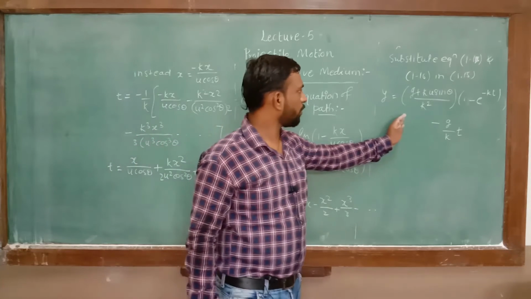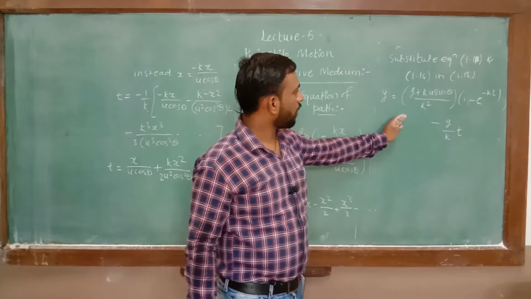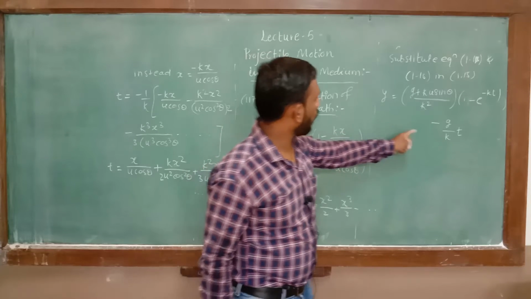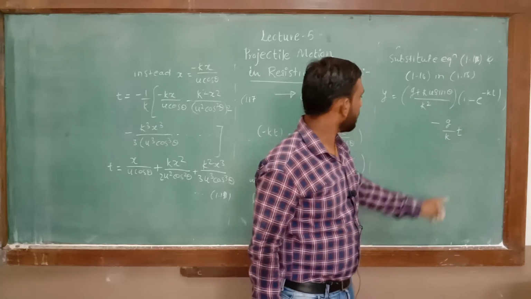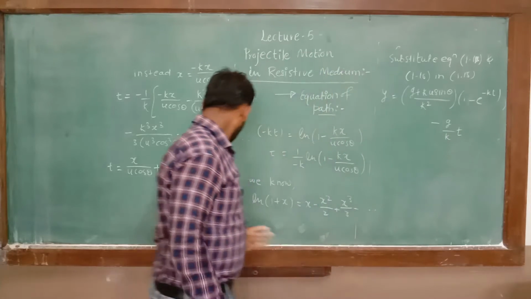So this is equation number 15. So instead of this 1 minus e to the power minus kt, we have equation number 16, and instead of t we have equation number 18.